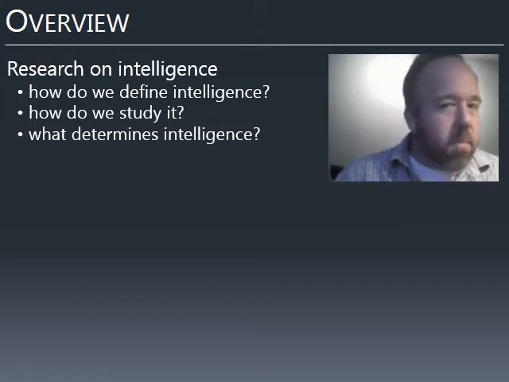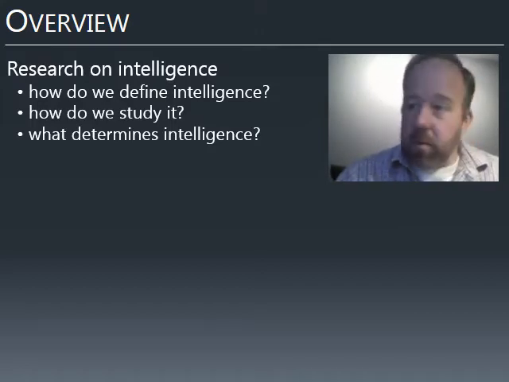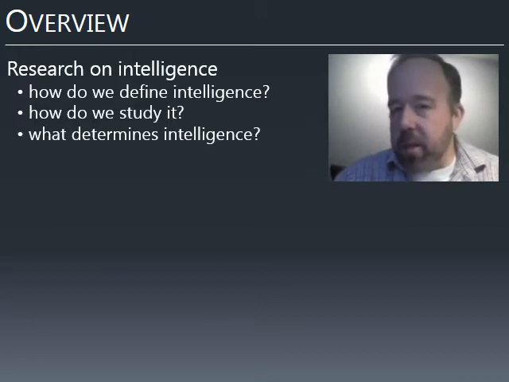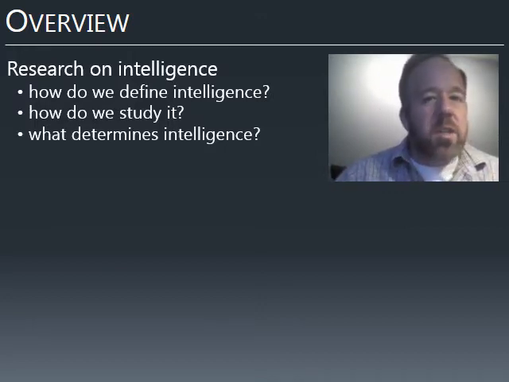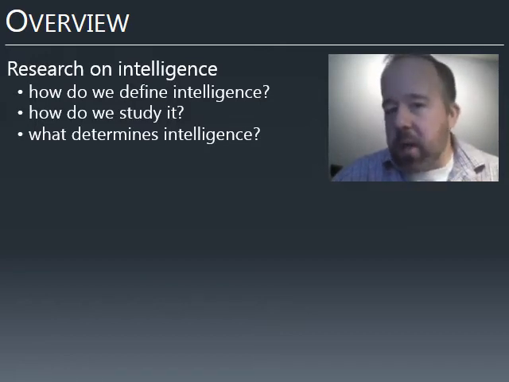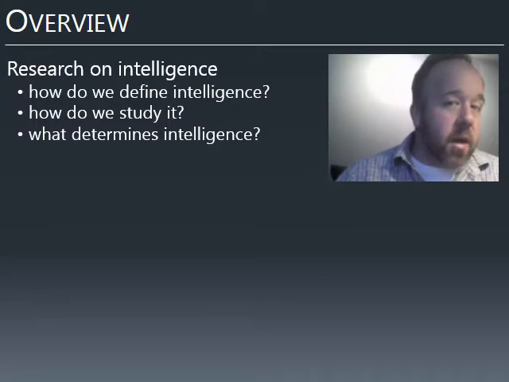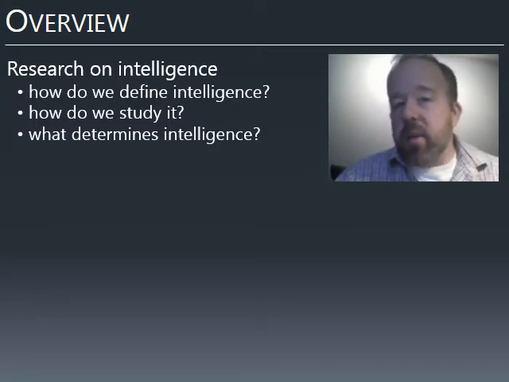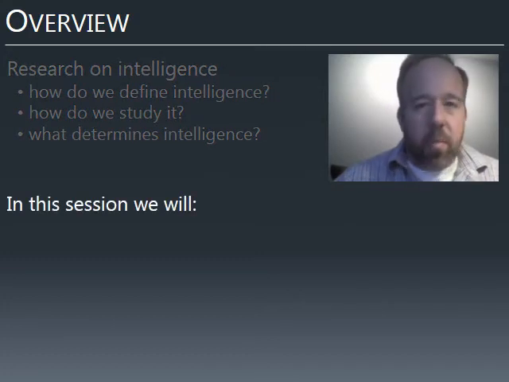Once you've got your definitions down and you've established intelligence as a phenomenon, how do you differentiate the cases of those two people? How do you determine what causes one person to be intelligent and the other person not to be, even if you're already comfortable with those definitions? So it's a three-pronged difficulty.